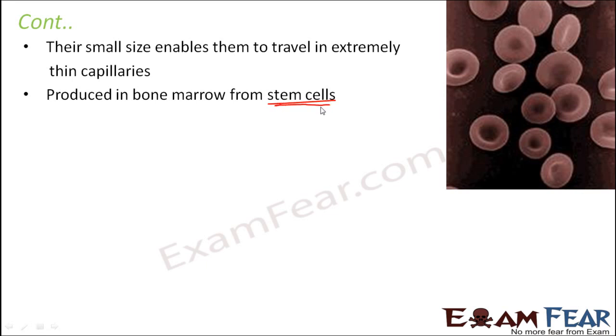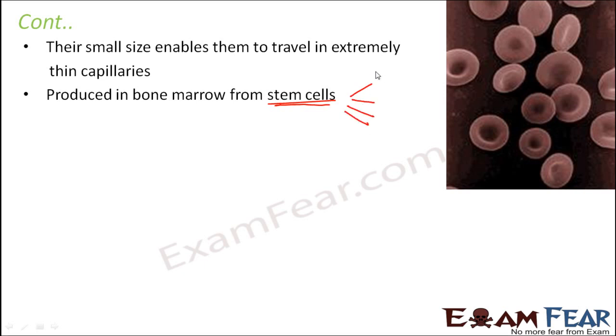Now this might be a new term for you, what is a stem cell? The stem cells are the specialized embryonic cells at the very beginning when the embryo formation takes place. There you have the stem cells, and their speciality is that they have the potential to develop into any type of tissue in the body. If you talk about the different types of tissues present in the body, there are so many different types of cells present in the body, right?